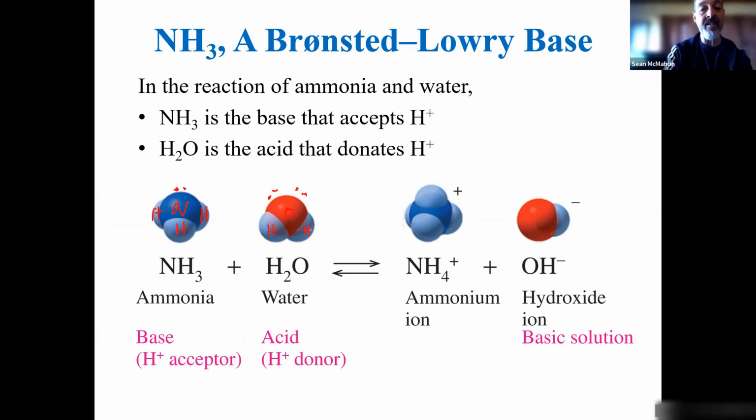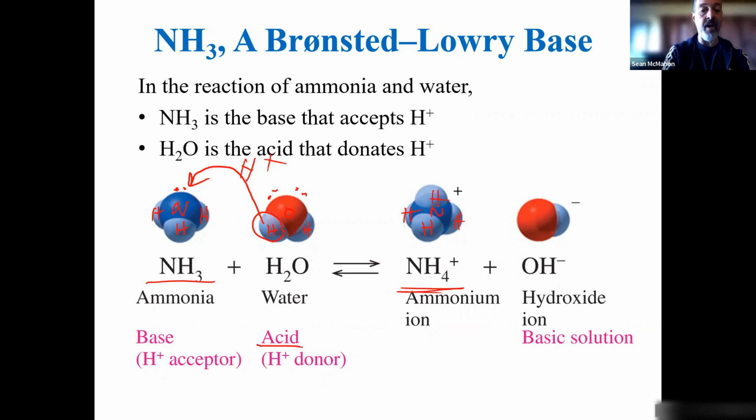And if we look on this side, the ammonia, how is it different? Well, there's a nitrogen, there's these hydrogens, and then there's that extra hydrogen. Where did it get it from? The water. The water donated a proton.